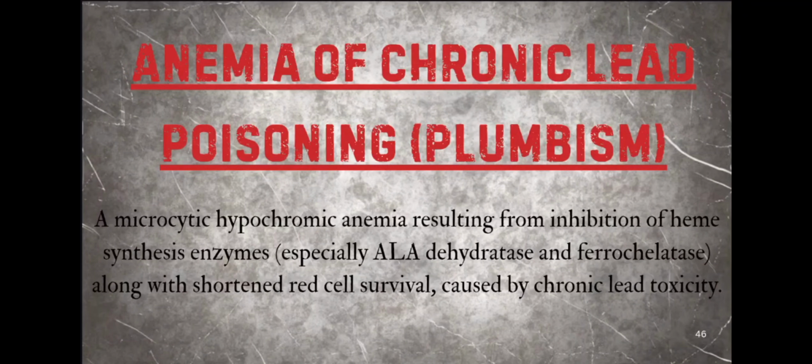Anemia of chronic lead poisoning, also known as plumbism, is a microcytic hypochromic anemia resulting from inhibition of heme synthesis enzymes, especially ALA dehydratase and ferrochelatase, along with shortened red cell survival caused by chronic lead toxicity.